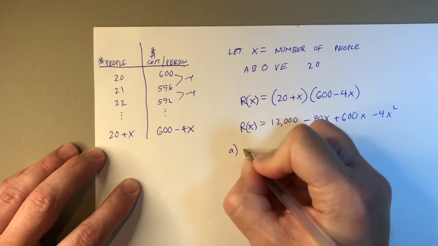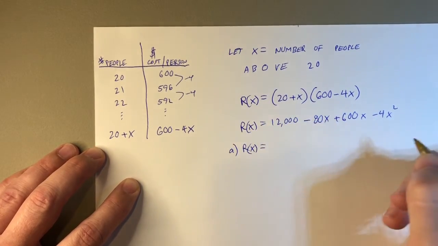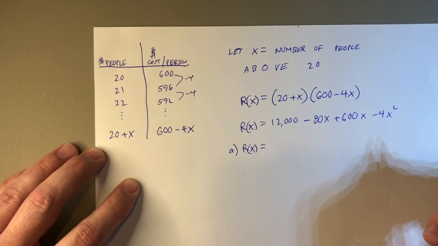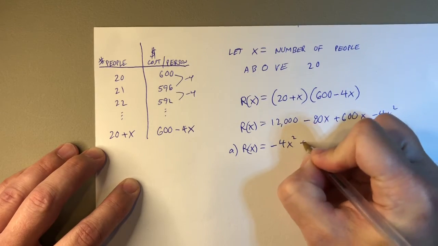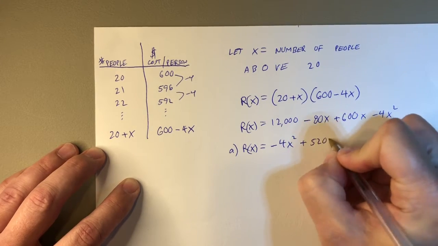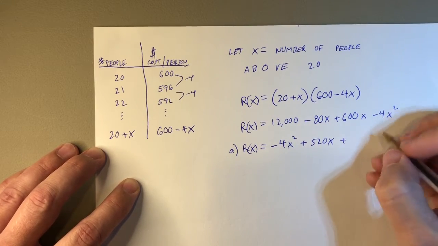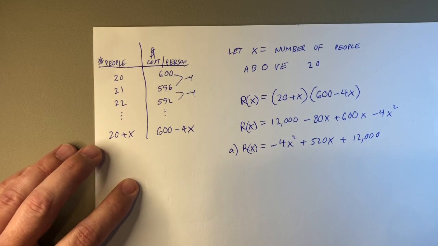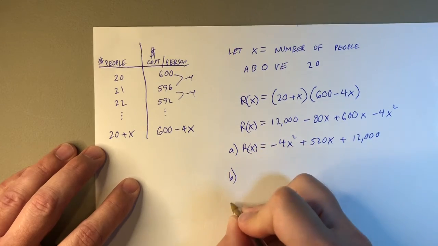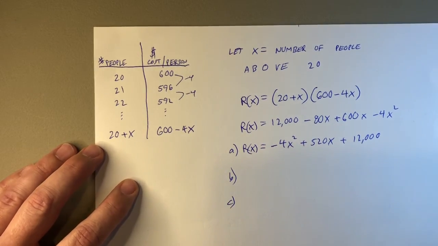So letter A. Ultimately, the function R, giving the revenue realized per day, would be negative 4x squared plus 520x plus 12,000.